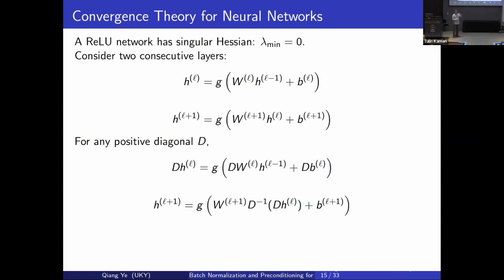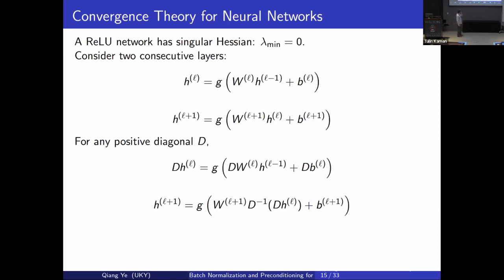If it's a positive diagonal matrix, you can pull that inside G, because for positive numbers G is linear. The ReLU function, if it's a positive scalar, you can pull it in. So you can pull that D inside.